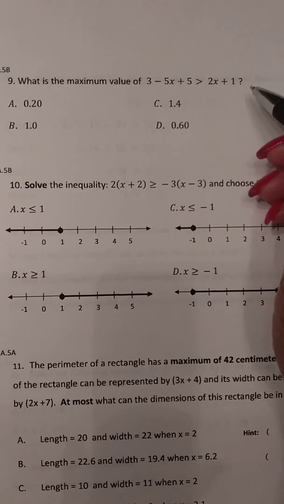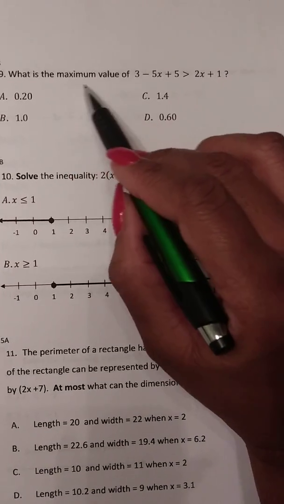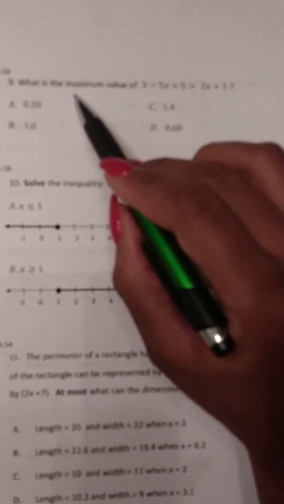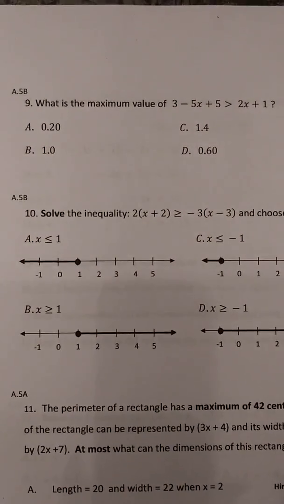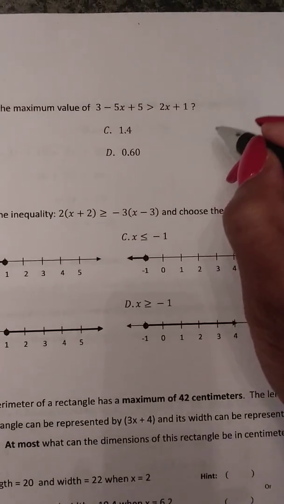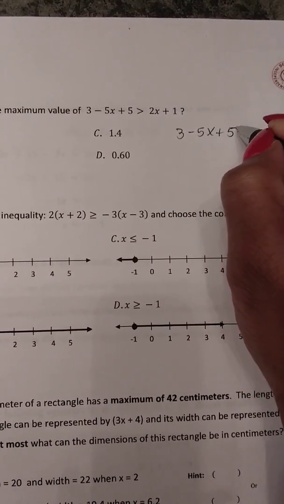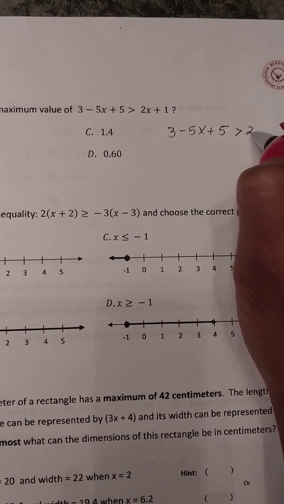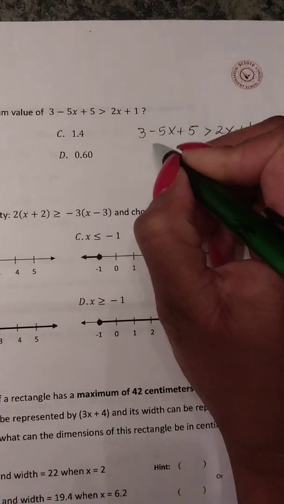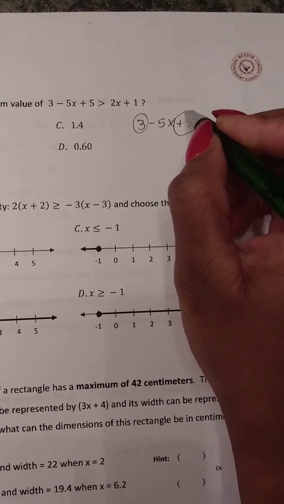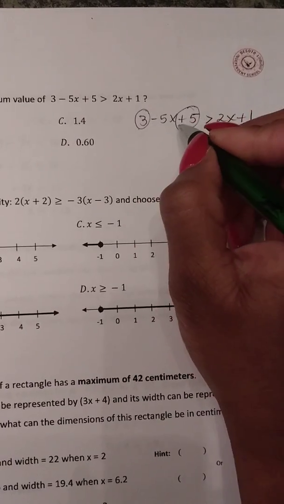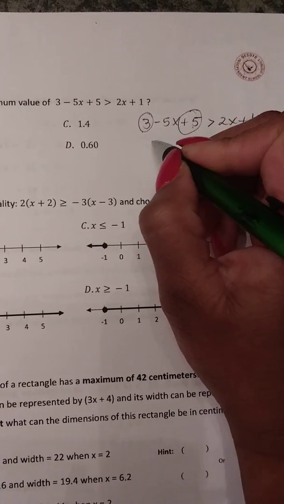Number 9. It is asking for the maximum value, okay? So let's see what happens. Focus for me. All right, there we go. Let me write this over here to the side. Combine like terms. Let's just see what happens. 3 plus 5. That would be 8.